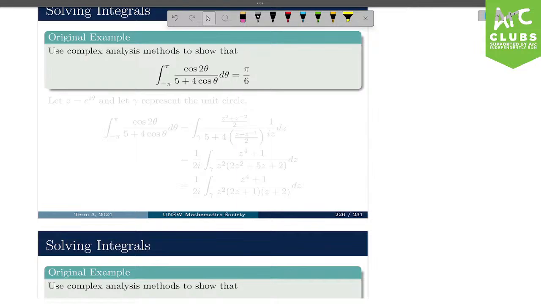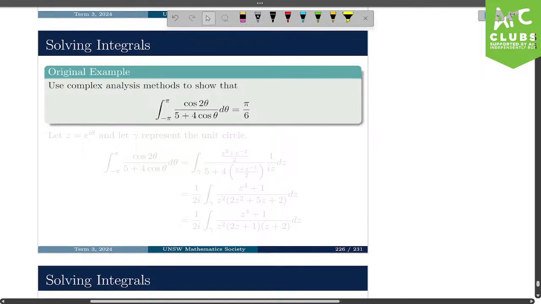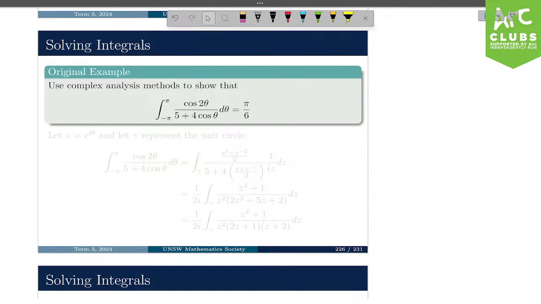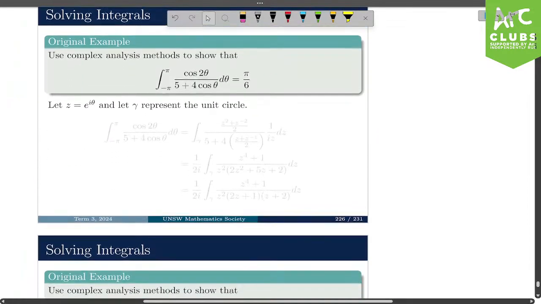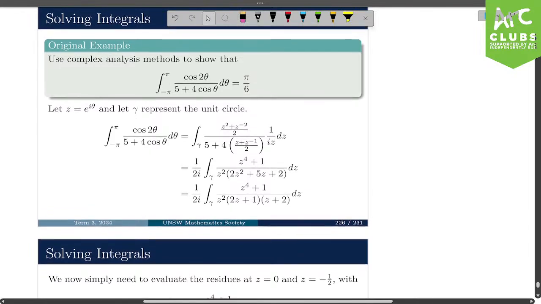So instead, we're going to break e to the i theta into z. We're kind of pushing our parameterization backwards in this instance.